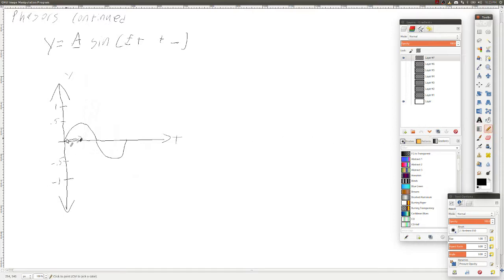So let's say that instead we start over here. We've shifted the phase by pi over 2. So here is where we modify phase. This is going to be theta.